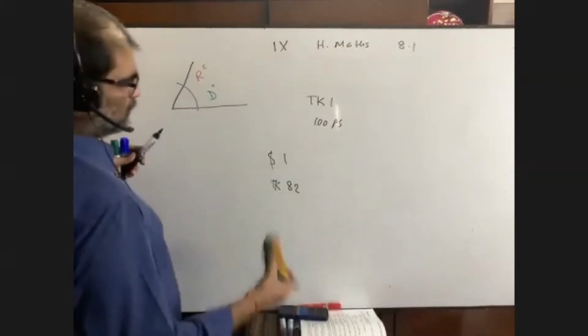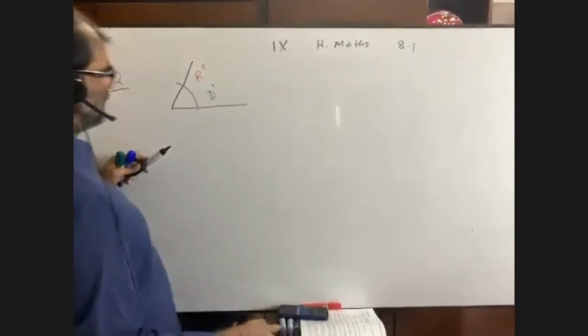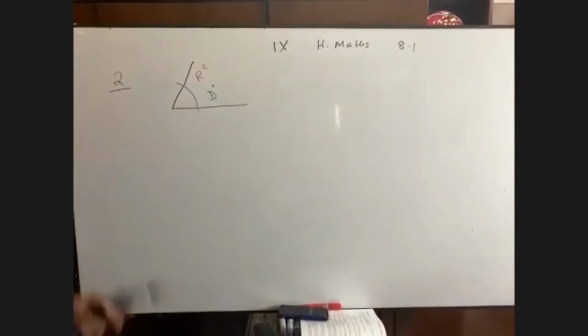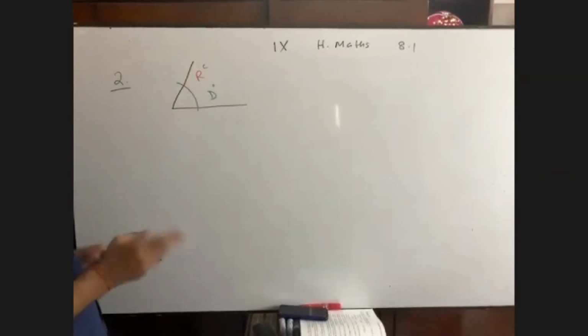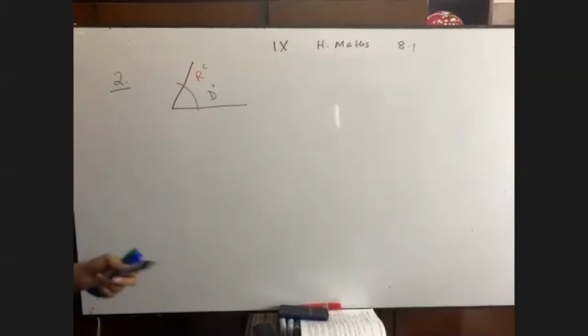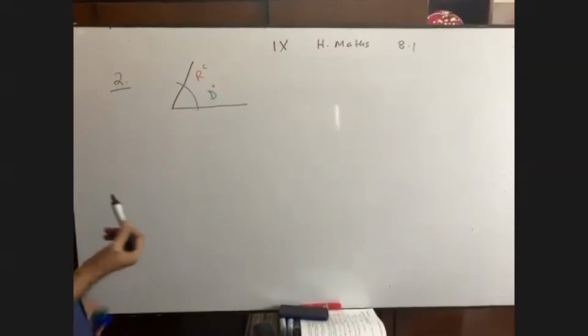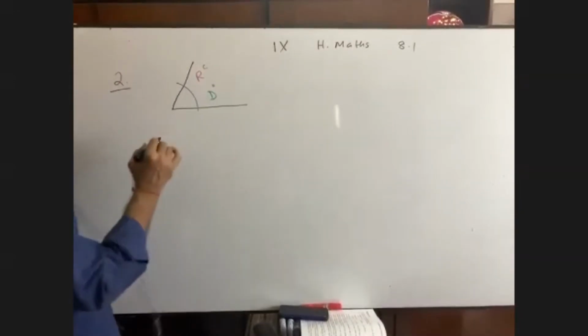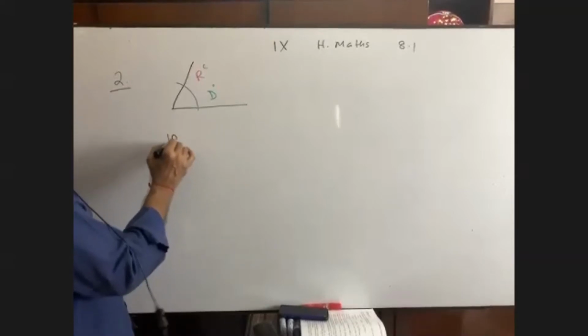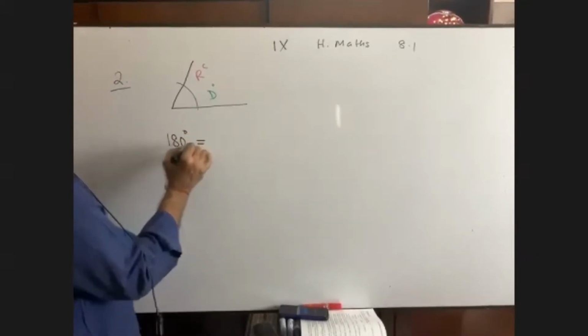Actually, what I am going to show you is only one angle. The amount is same. The angle is same. But there are two ways, in radian and in the sexagesimal system. The angle has been expressed, right? So what should we do? Write down here. We know 180 degree is equal to what?